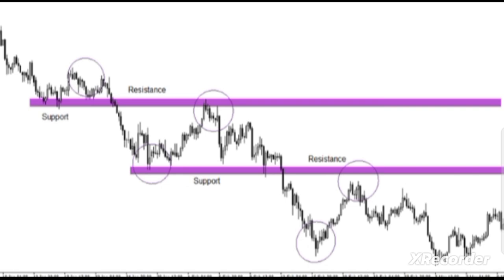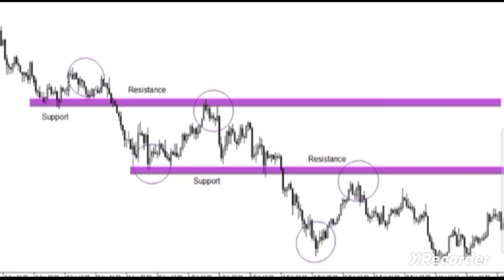Structure. The current structure tells you who is in charge, who is ruling, where power is. The bias that is holding the power at a particular time. When you open your chart, which structure is holding the power? This is the first thing you need to detect.